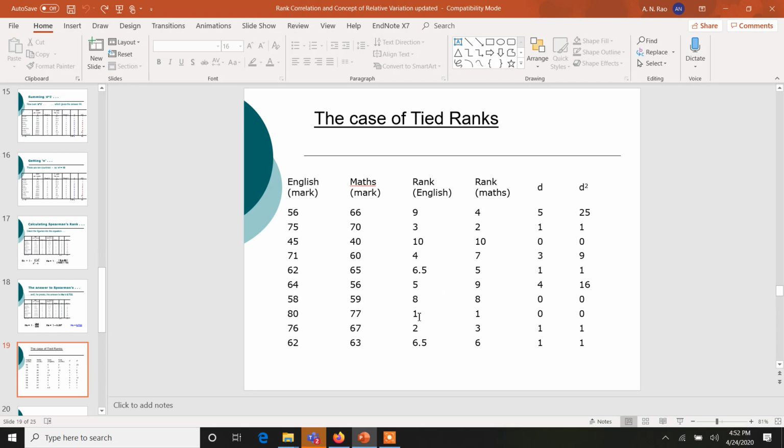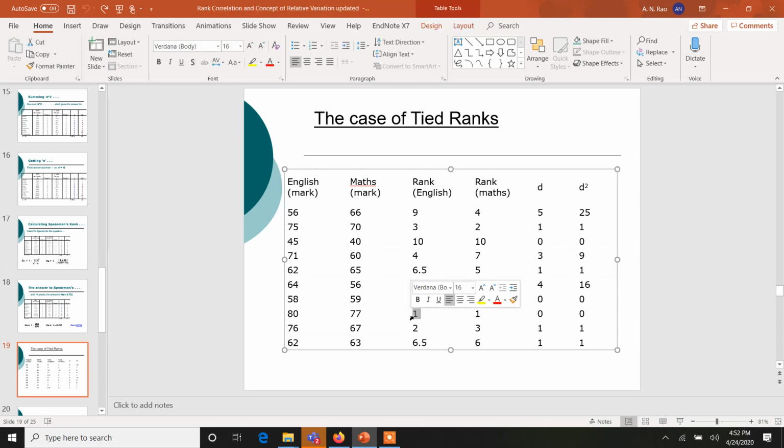And for example, this time I assign one value to the highest. So if you see the English marks column, the highest value is 80. So to 80, I have assigned the rank 1. The next highest value is 76, so I've assigned it the value 2. Then the next highest is 75, I've assigned it 3.